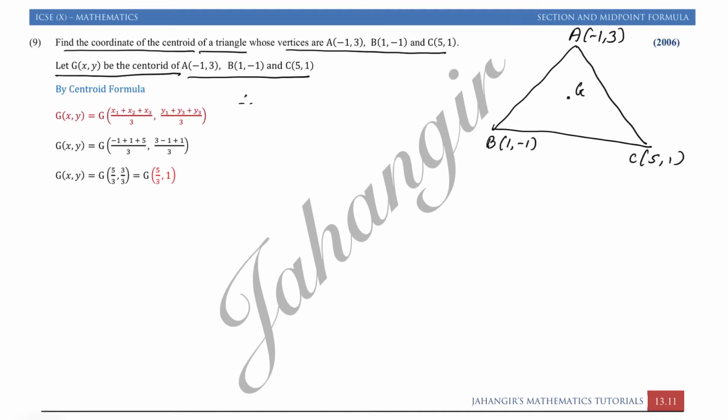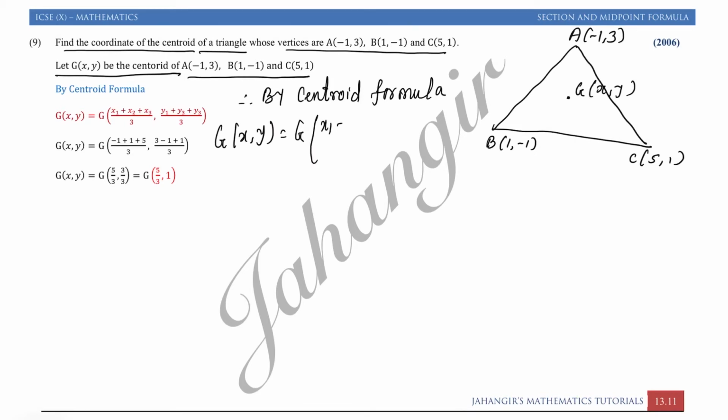So therefore we can say by centroid formula, G(x, y) is equal to G of (x1 plus x2 plus x3) divided by 3 and (y1 plus y2 plus y3) divided by 3.